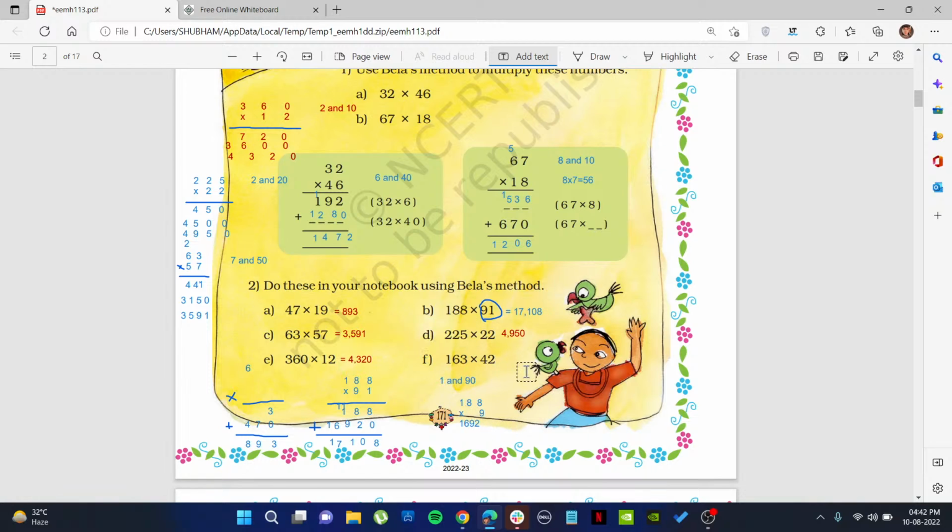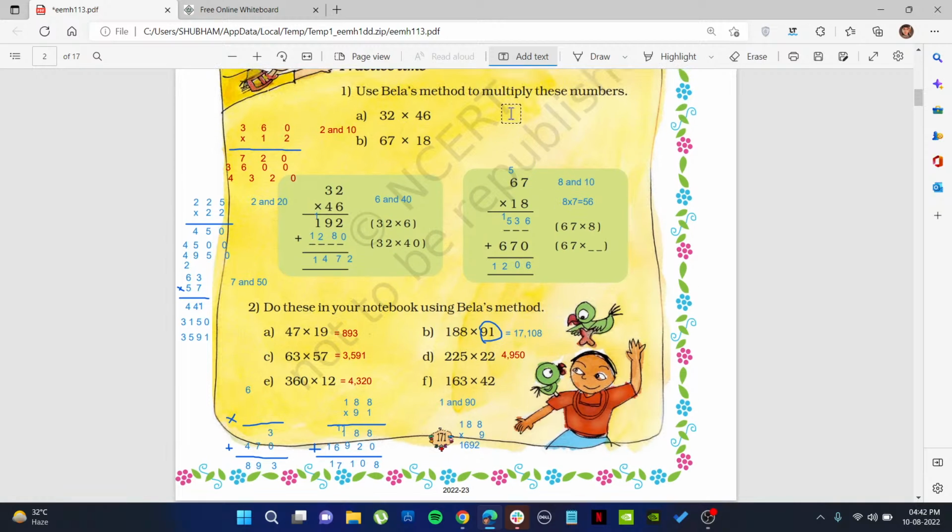And here comes the last one, which is 163 times 42. So here also we need to follow the same thing.